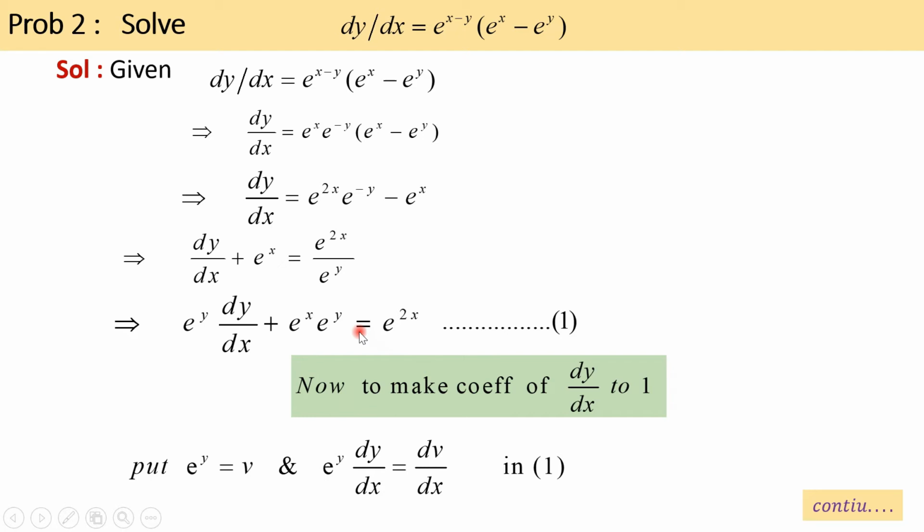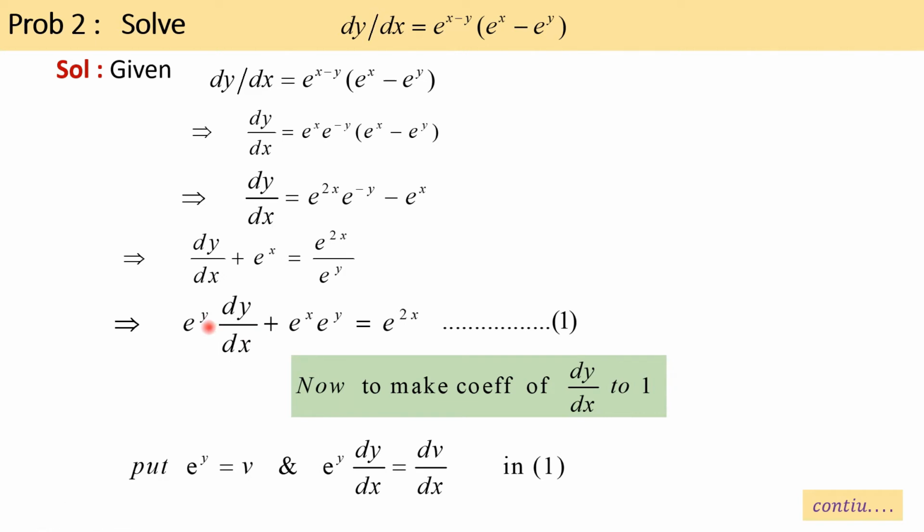Compare it with the linear form. The right-hand side of the equal sign is the value of q, which must be a function of x or some constant. Yes, it is. But the dy/dx coefficient is e^y. It must be 1.